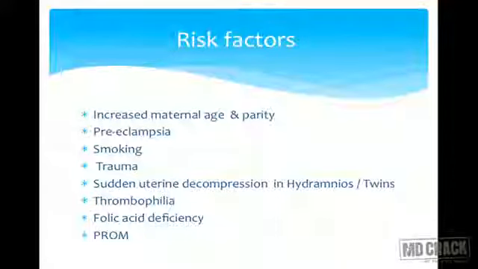So that can also increase the risk of abruption. Hereditary thrombophilias, antiphospholipid syndromes, folic acid deficiency, PROM and even cocaine. PROM, the same cause: liquor coming out, cavity decreasing, decompression leading to abruption. So these are the risk factors in which you have to always think of abruption.